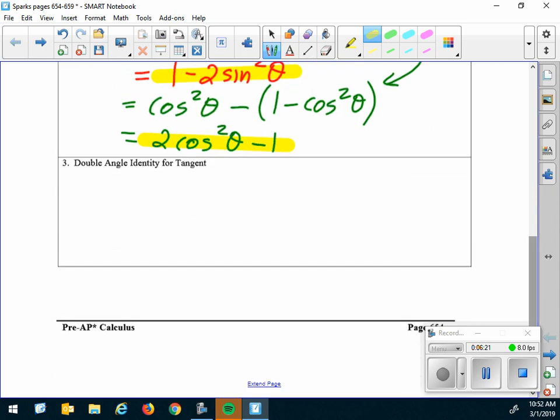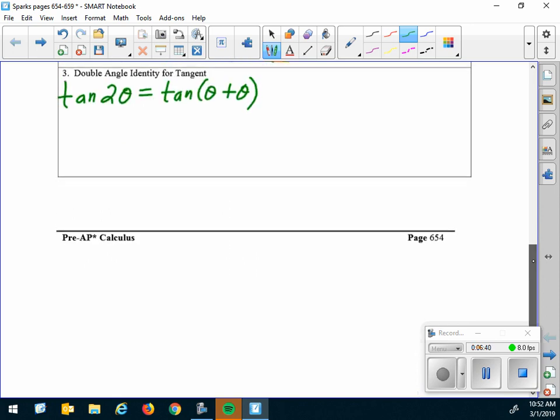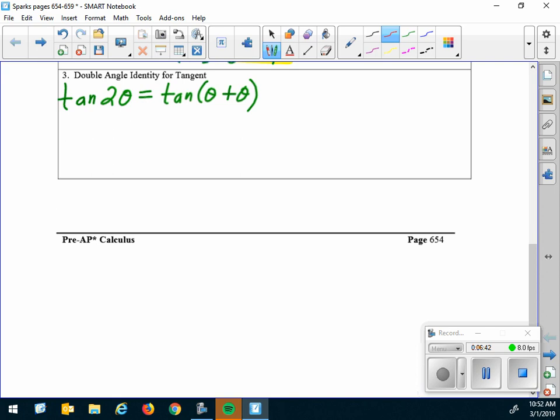All right, double angle identity for tangent. Tangent of 2 theta is the tangent of theta plus theta. Well, now let's go down here and remember what the original formula was.